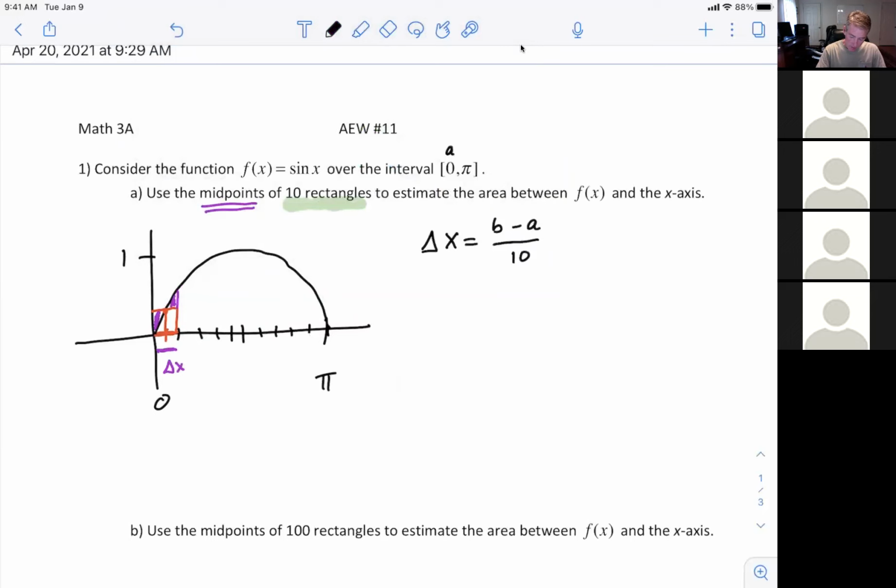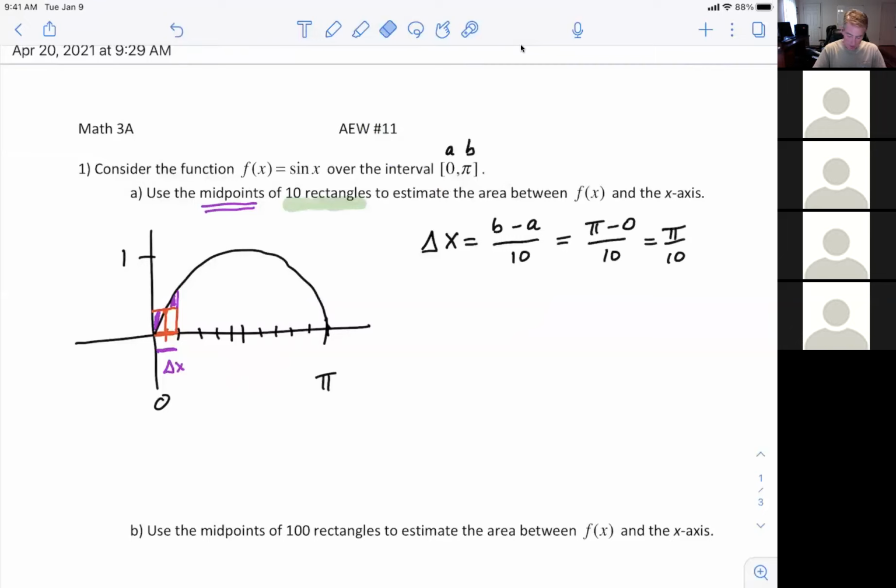So this is A and this is B. Subtract those to find the length of the interval. So pi minus 0, and then divide that into 10 equal pieces. So that's basically what I was doing when I was making these little tick marks right here, is I was going over by pi over 10, although I wasn't being very accurate at that time, but those are all spaced by pi over 10.